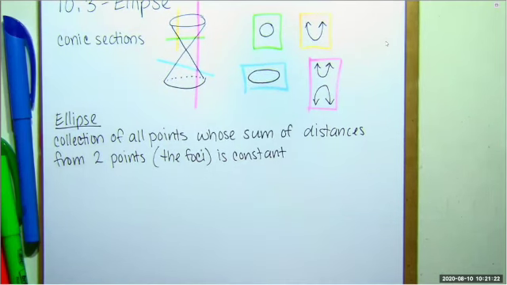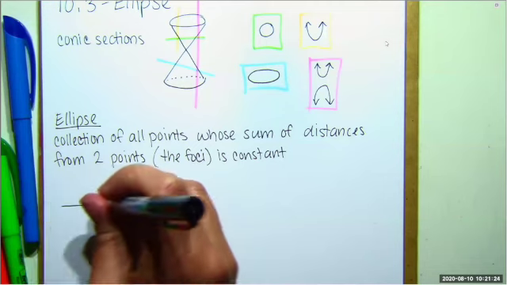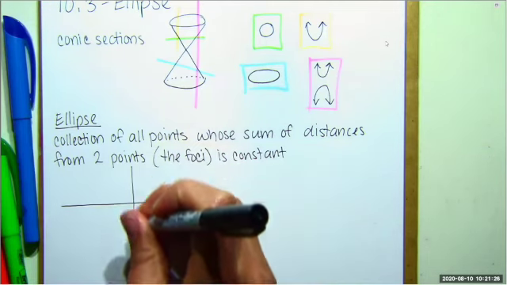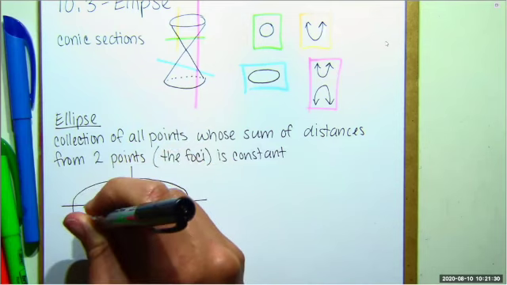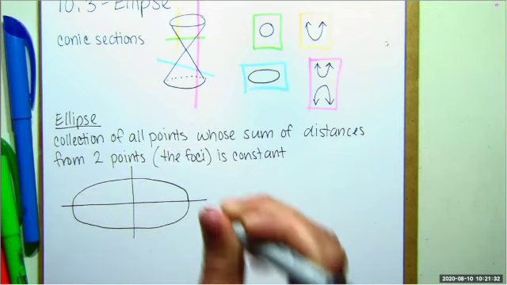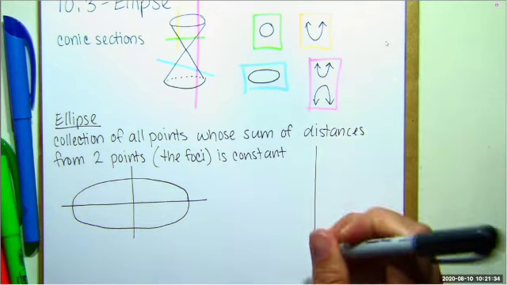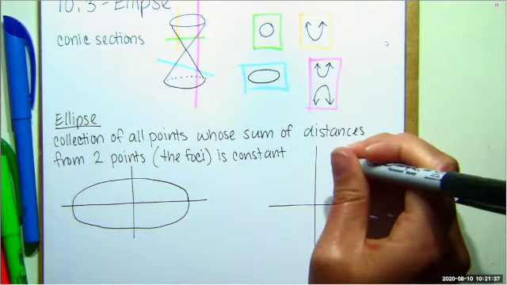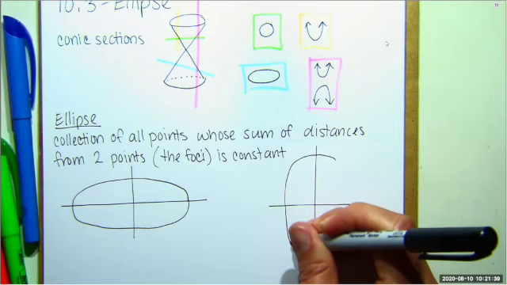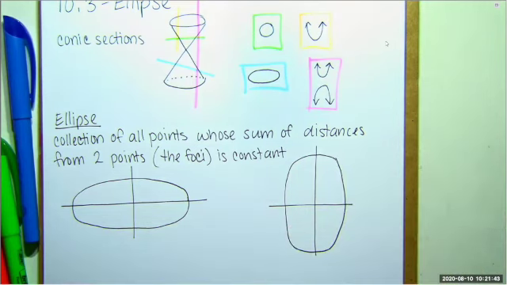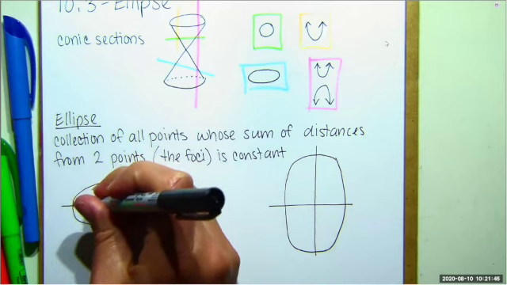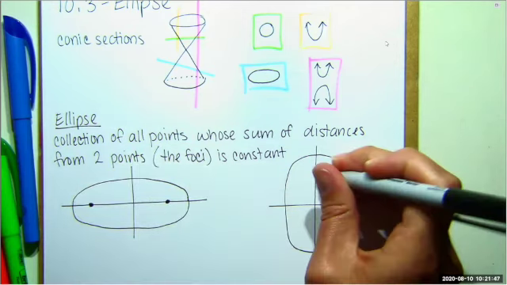So let me show you the 2 possibilities. Either an ellipse can be oriented horizontally, or an ellipse can be oriented vertically. Okay, so what we have is we have the foci inside the ellipse.